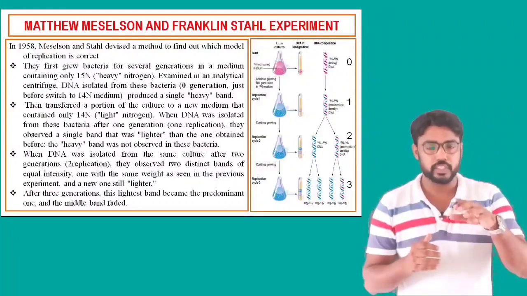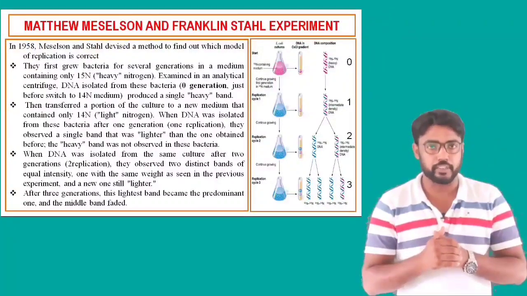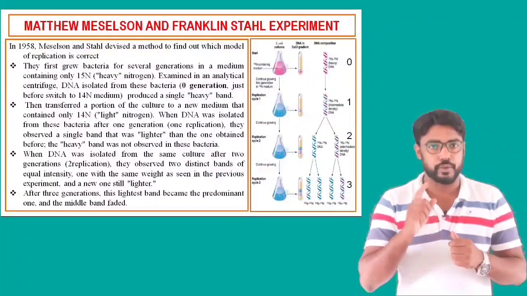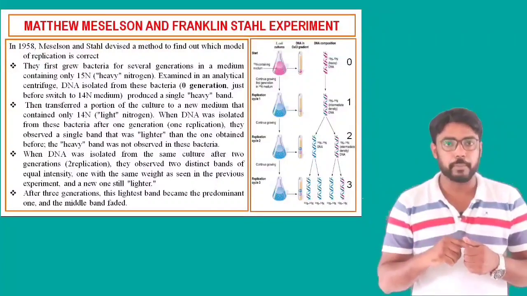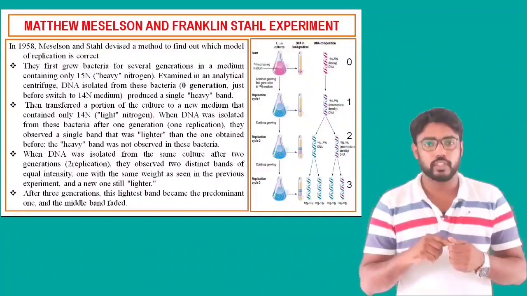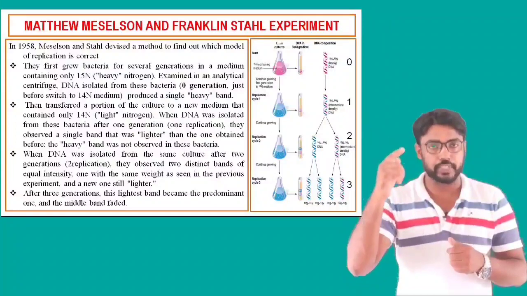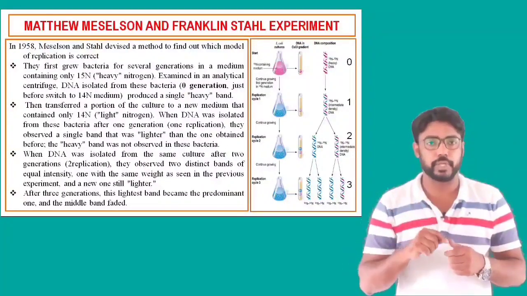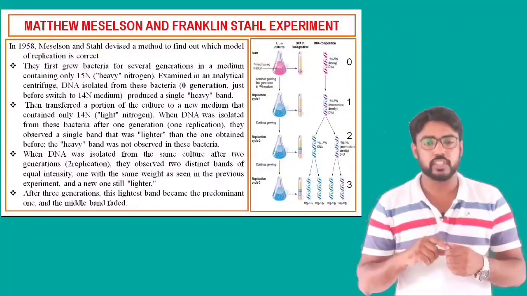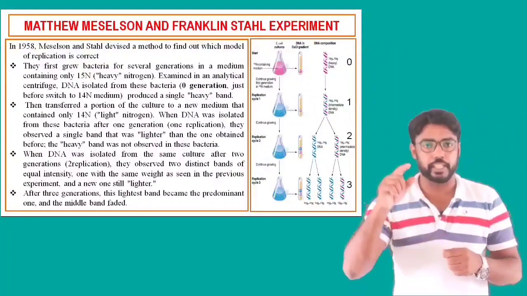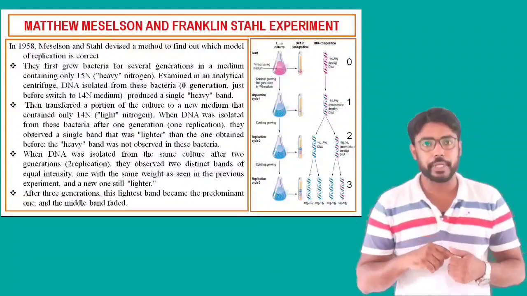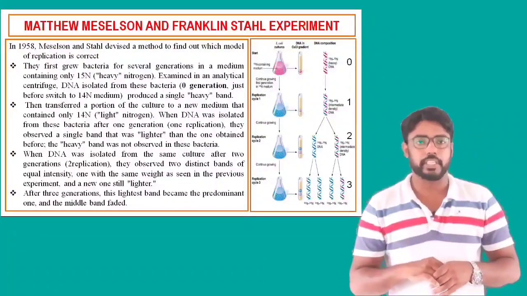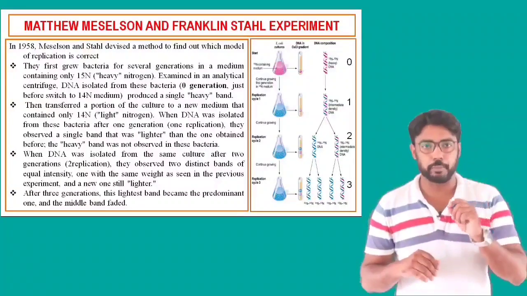This first generation band was lighter than the heavy band, but not as light as the light band. It was in the middle of the heavy band and light band, so they call this a middle band or intermediate band. First generation bacteria gave an intermediate band.